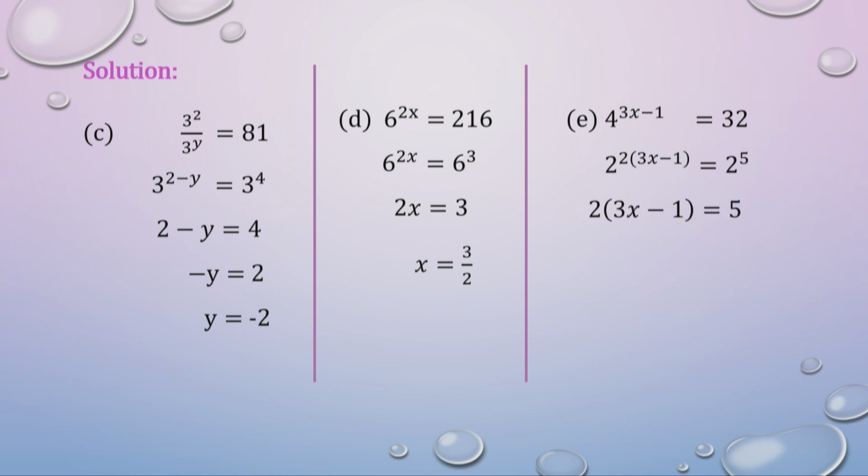Applying the power law and comparing, I will get 2 into 3x minus 1 equal to 5. 6x minus 2 equal to 5 by expanding the brackets. 6x equal to 7 and x equal to 7 over 6.